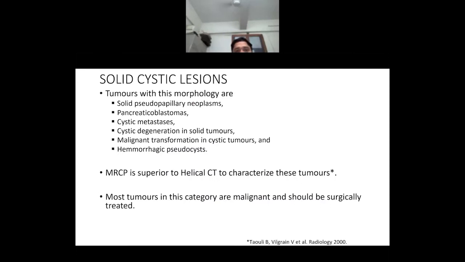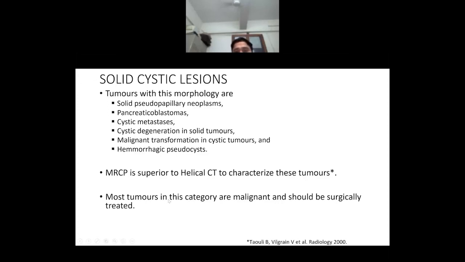Solid cystic lesions, tumors with this morphology are solid pseudopapillary neoplasm, pancreatic blastoma, cystic metastasis, cystic degeneration in solid tumors, or malignant transformation in cystic tumors, and hemorrhagic pseudocyst. MRCP is superior to CT scan to characterize these tumors.